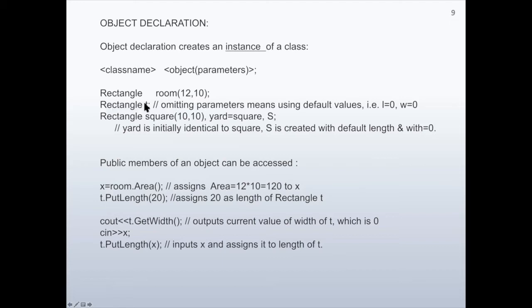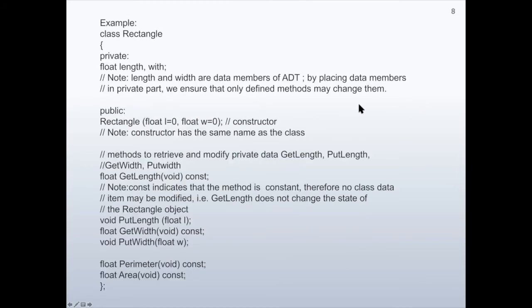And another object T is declared here, and notice that no argument is provided. Omitting parameters means using default values, that is, L is set to 0 and W is set to 0. Remember that in the declaration of the constructor, the default values for L and W were set as 0.